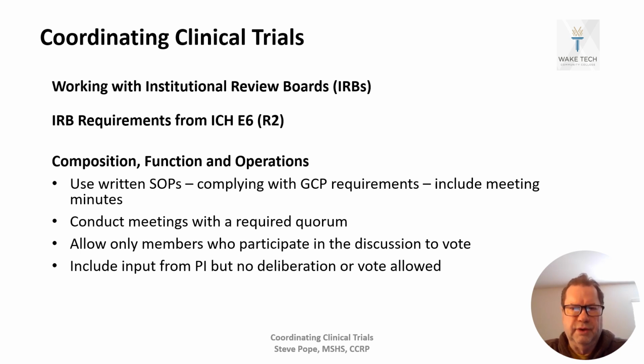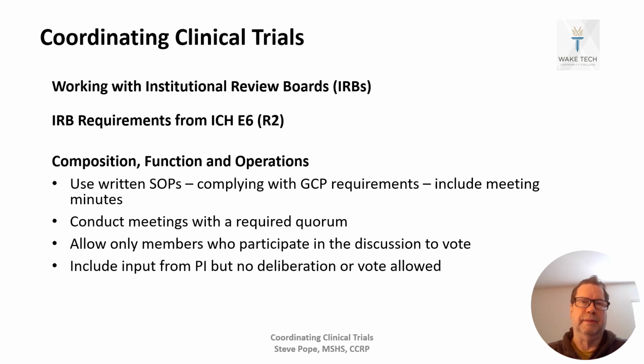Now, here's another area that's very important. IRBs can include input from the principal investigator, but the principal investigator is not allowed to be part of the deliberations or the discussion where the members are discussing whether or not to allow the study to move forward, and they're not allowed to vote. This happens a lot simply because many PIs are also members of institutional review boards.